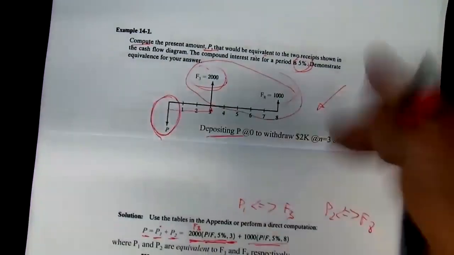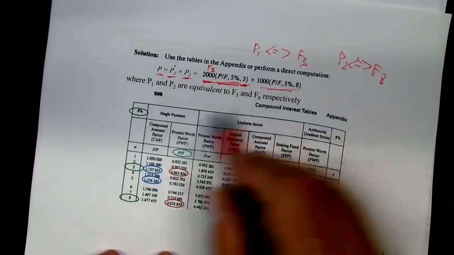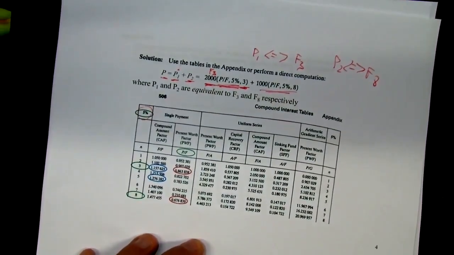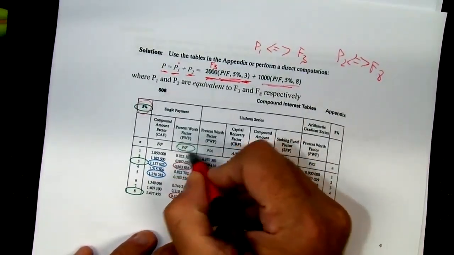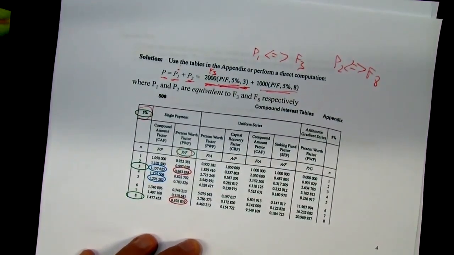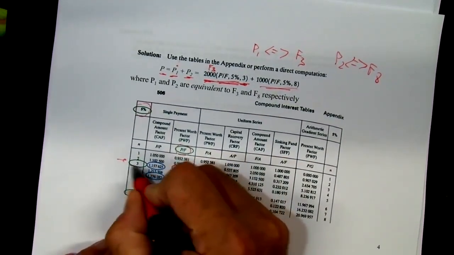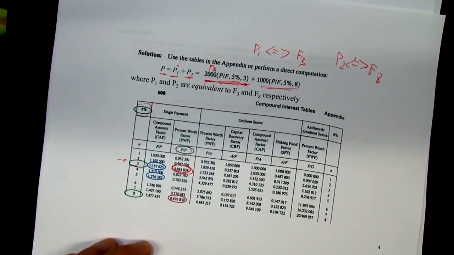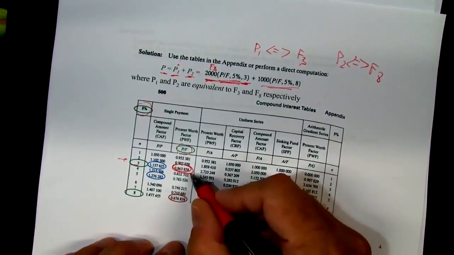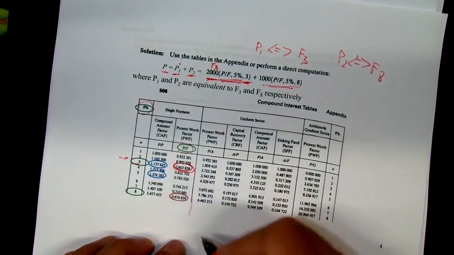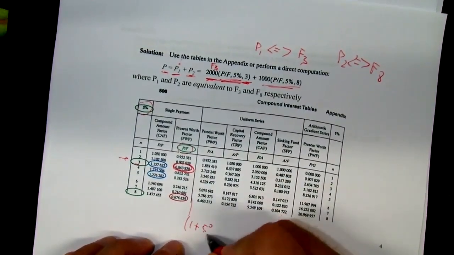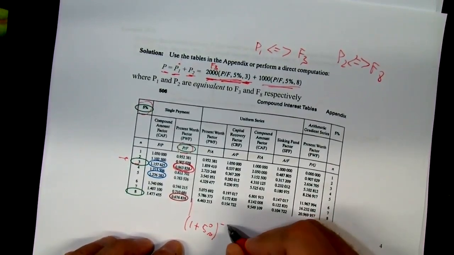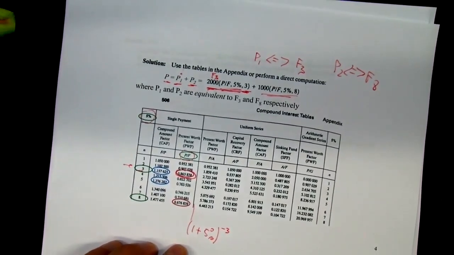I have a scan of the actual back of the book right here. So you go into the 5% page, you look at the P given F column because we are calculating that, and then you look at the 3 and identify the correct factor for it. This factor is really nothing else than 1 plus 5% to the power of minus 3. You can easily verify that.